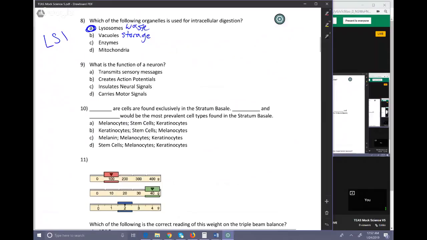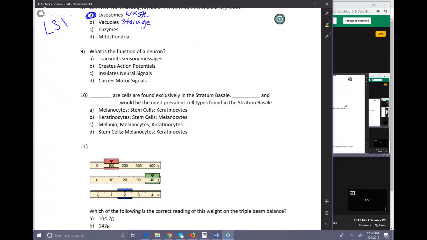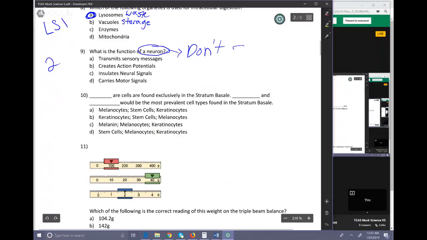9, what is the function of a neuron? This is a very specific thing we've discussed extensively in Anatomy 2. When we talk about the function of a neuron, we need to make sure that we don't specify half of the nervous system.